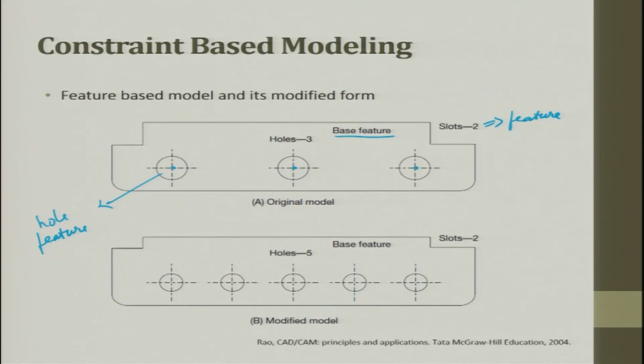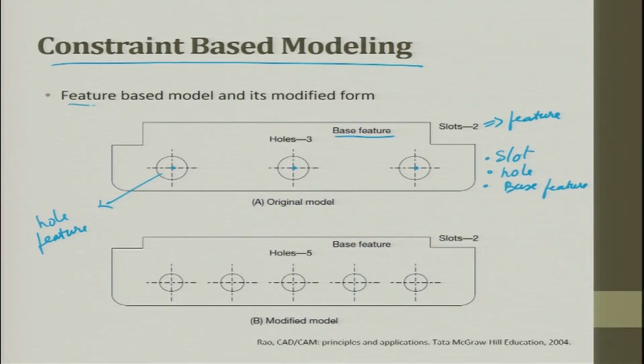You again take the base feature, and if you want to make 5 holes, you put one after the other, and 2 slots on both sides, you get whatever you want. The feature of slot is known to me, the feature of hole is known to me, the base feature is known to me. I only put the location for these features in the drawing such that I get whatever I want. Okay. This is again constraint based modeling, and here it is feature based modeling in its modified form.